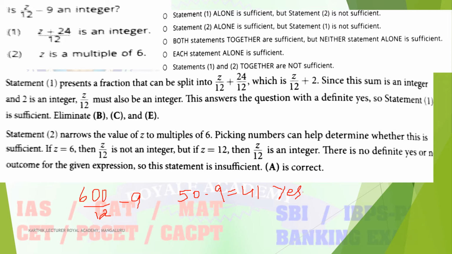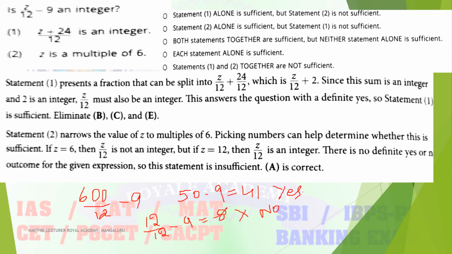Now if you take z is equal to 12, then 12 divided by 12 minus 9 gives a negative answer, so this is not an integer, and the answer is no. So from the second statement you are getting two different answers.